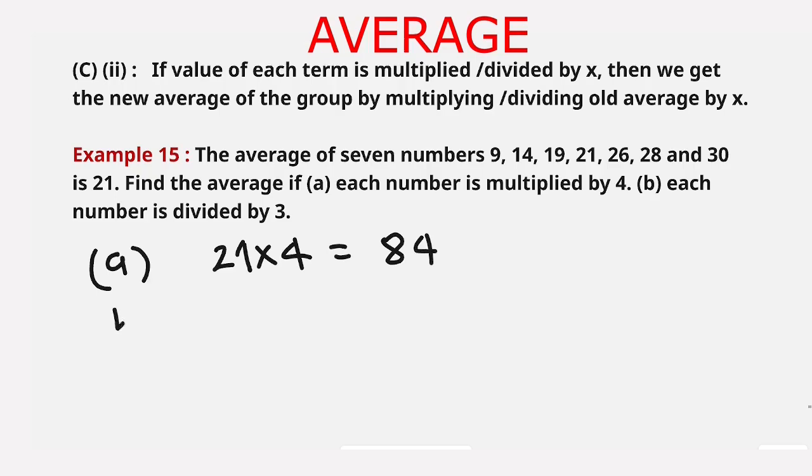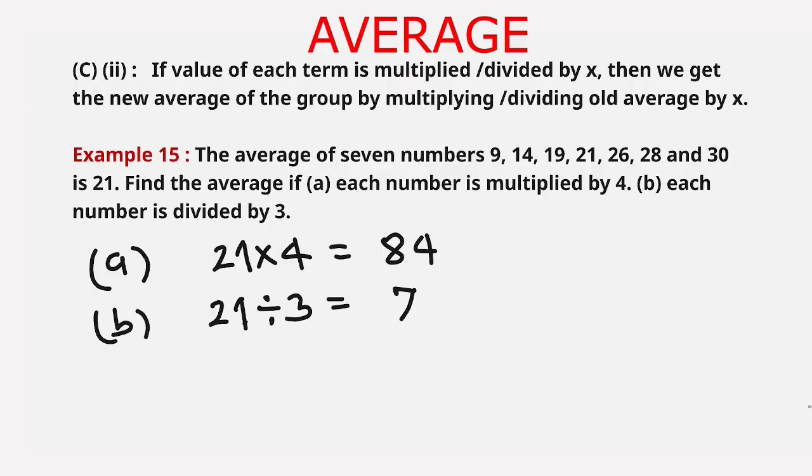And in part B, instead of dividing each number by 3, we directly divide 21 by 3 and get our new average, which is 7. This is the direct solution method or short trick for solving such types of questions. We can verify it also.